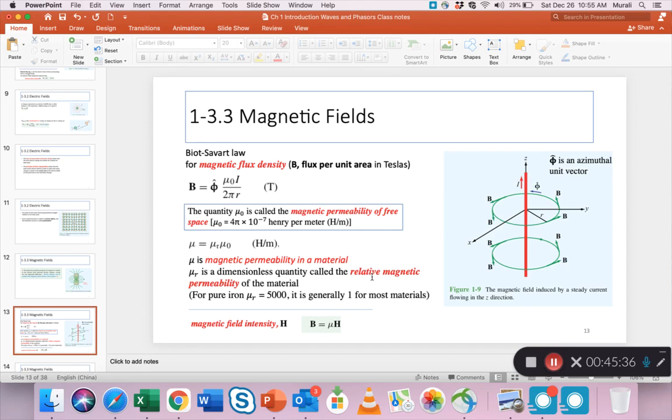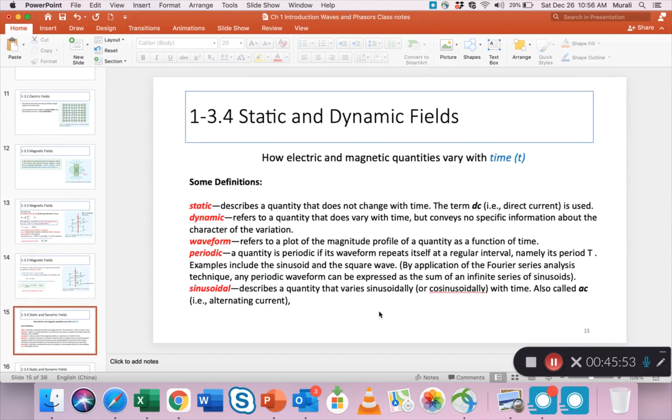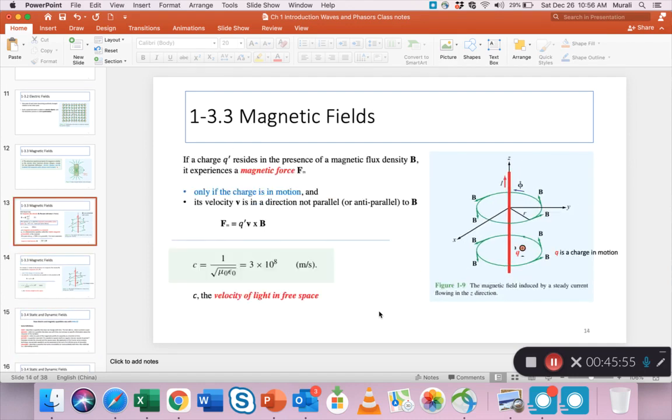So this was stuff that we skipped because we didn't really have too much to do here. Similarly, there's something called magnetic field intensity, H. And then there's force experienced by a charge in the field. All this we can wait to do later.